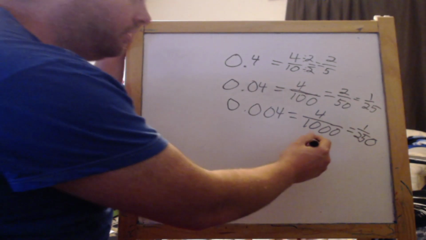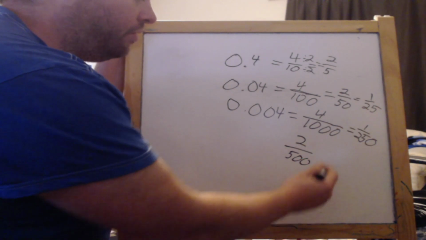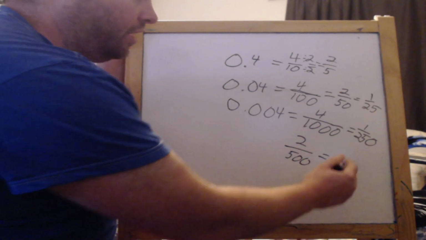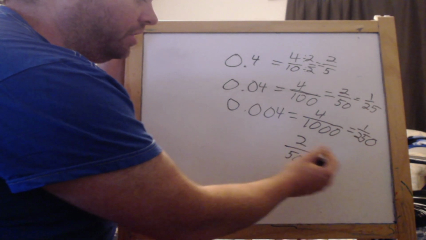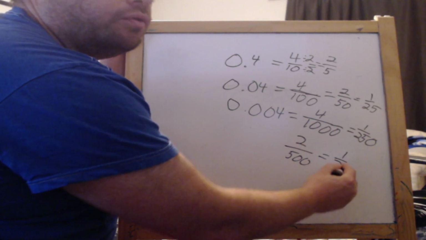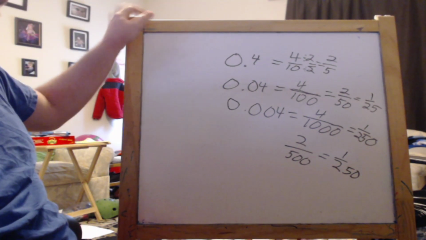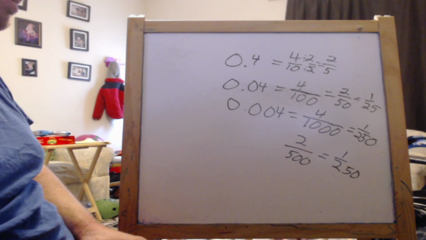Or I could divide by 2, get 2 over 500, then divide by 2 again, which would be 1 over 250, or 1/250th.